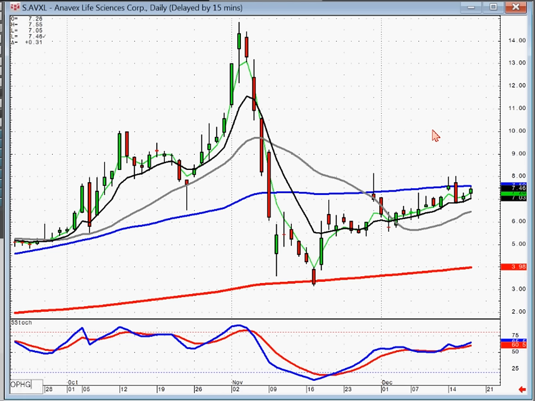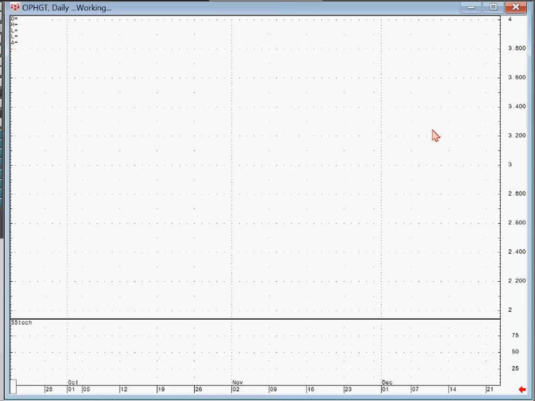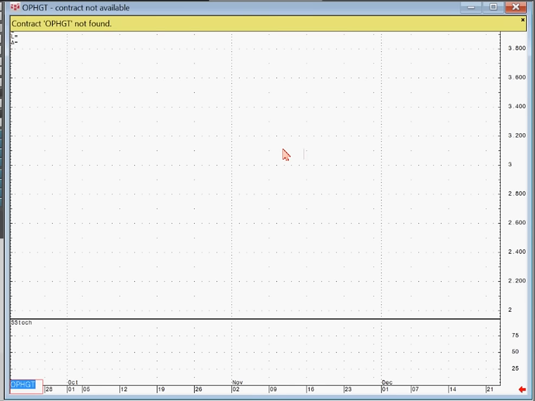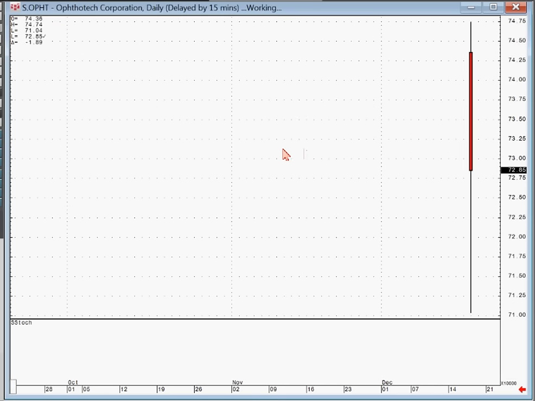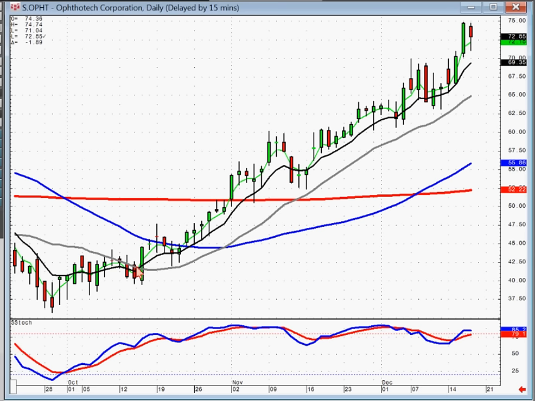And we've been in OPTH. Now, this is the reason the T-line is very effective for allowing you to sleep well at night. Because ever since the J-hook pattern, notice what it hasn't been able to do: close back below the T-line. Right there, it closed below the T-line. But what was the trajectory of this trend?